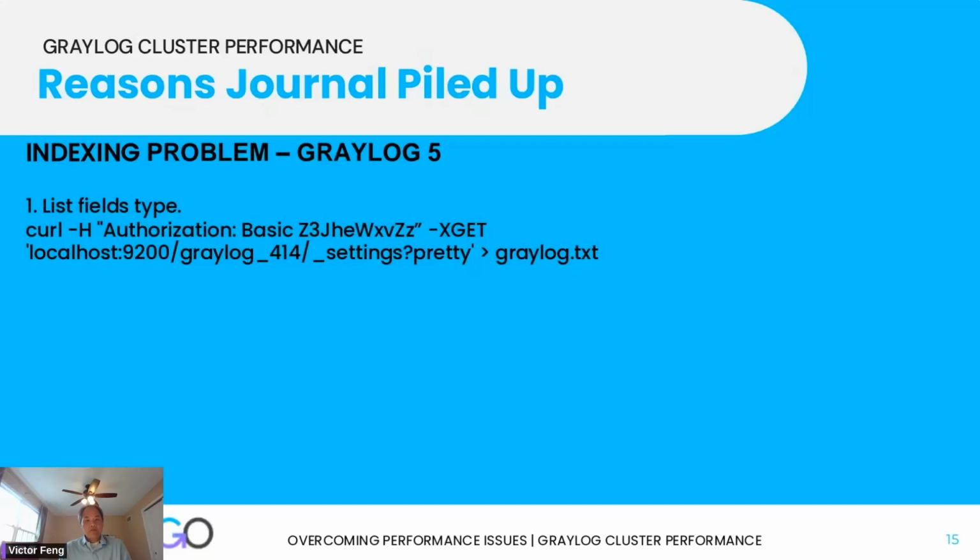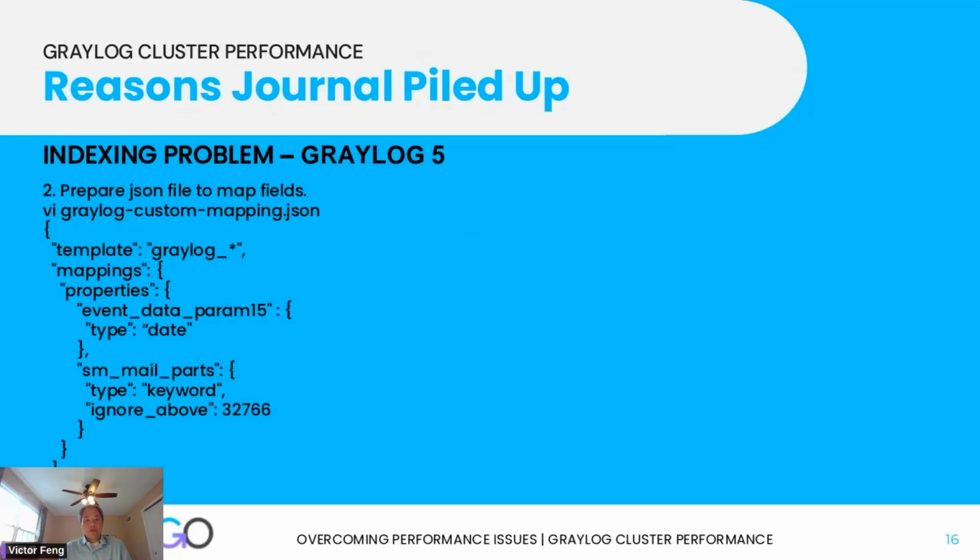And after you run it, you just make sure the field in question, for example, event data parameter 15, is a string. And then the second step is we need to make a JSON file. So this is the default format. And the thing we need to put in is the new type. Here, we change to date.